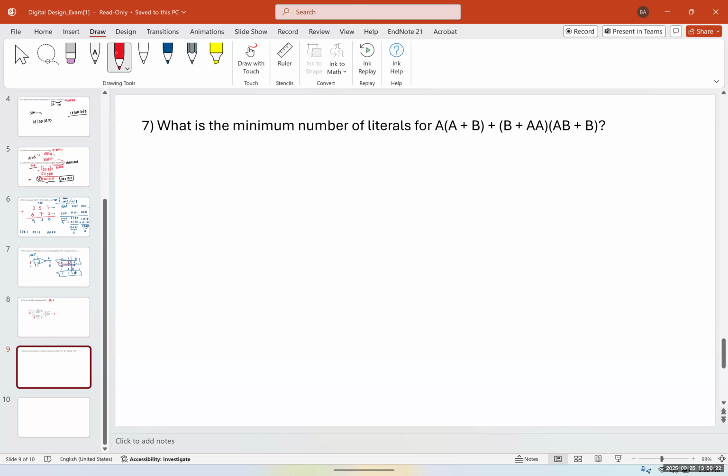And by the way, I will provide you with the table of the theorems and the postulates.